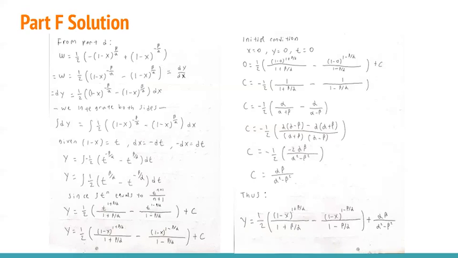And now we can input back the previous equation, or the general solution, which gives us y equals 1 over 2 times (1 minus x) to the power of 1 plus beta over alpha over 1 plus beta over alpha, minus (1 minus x) to the power of 1 minus beta over alpha over 1 minus beta over alpha, plus alpha times beta over alpha squared minus beta squared.